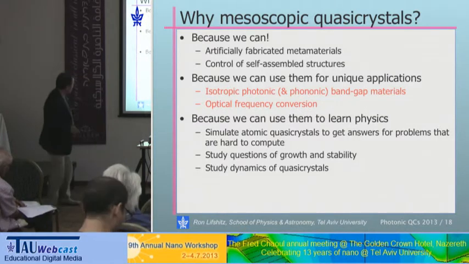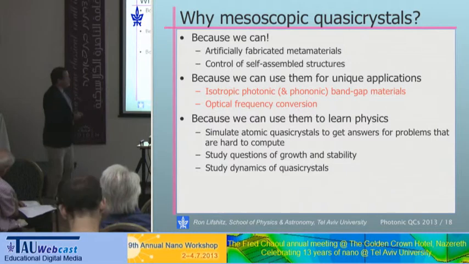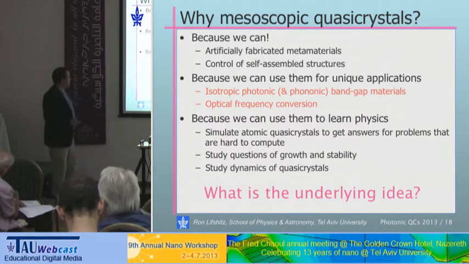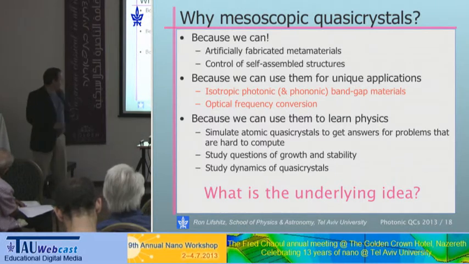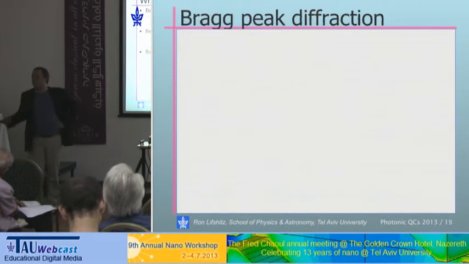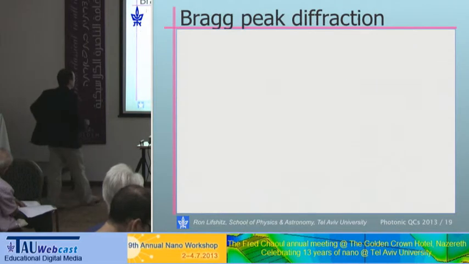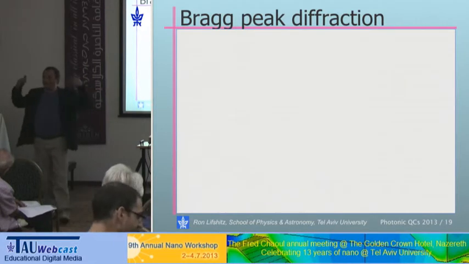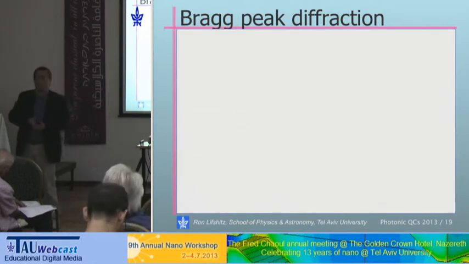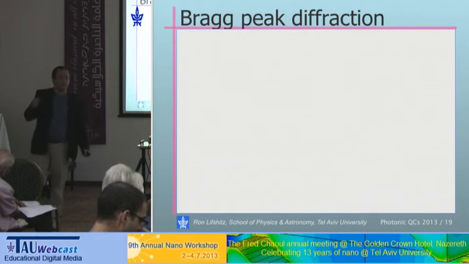Okay. And I'll mention these two photonics applications. First of all, before mentioning the application, again emphasizing the underlying idea behind it: we have Bragg peak diffraction. We have material that, if we perform a diffraction experiment, we see very sharp Bragg peaks.